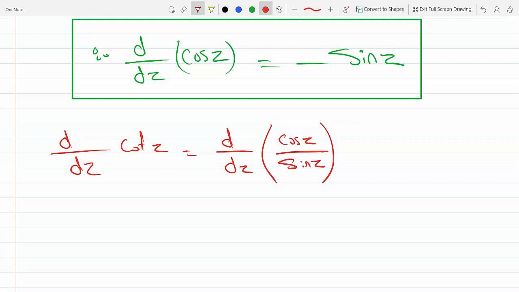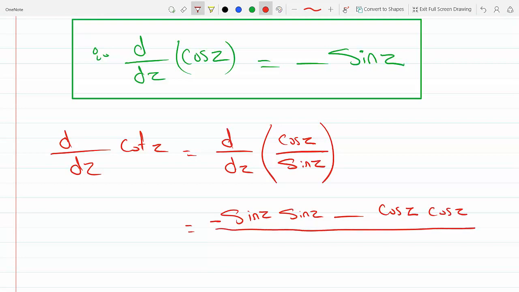So right, cosine, we proved it's minus sine z just now, times the bottom as is, sine z, minus the top as is, times the derivative of sine z, which we just proved is cosine z, all over sine squared z.